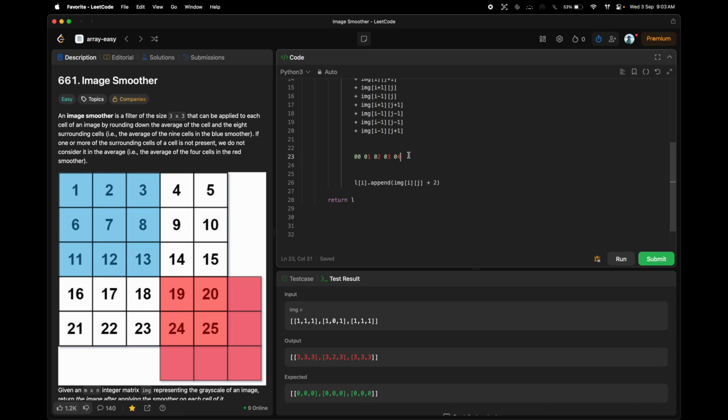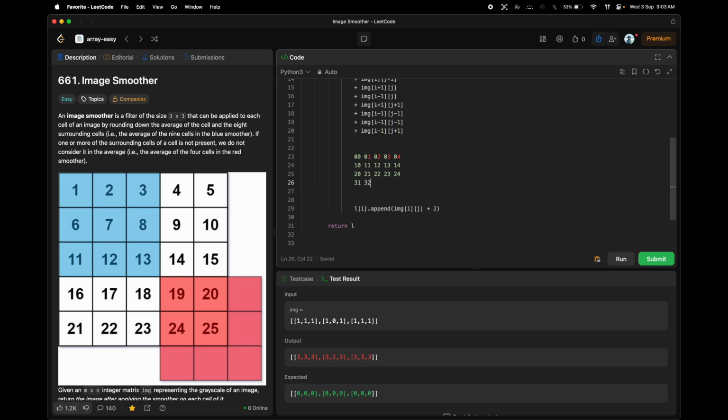Then 1 0, 1 1, 1 2, 1 3, 1 4. Then 2 0, 2 1, 2 2, 2 3, 2 4.